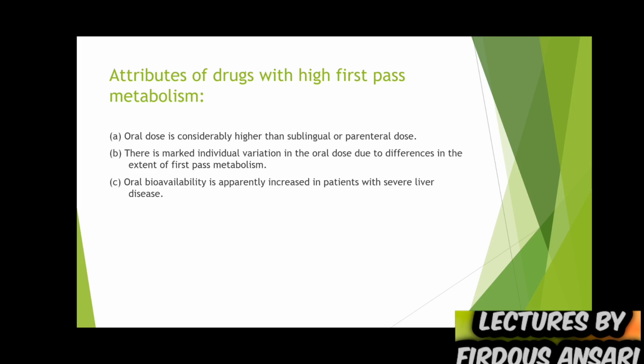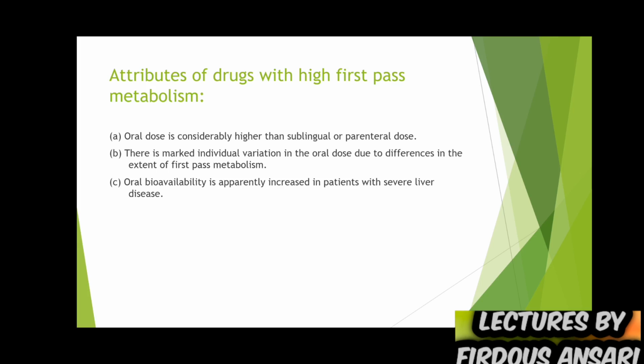Now that person is suffering from some kind of liver disease, because of which the liver is not functioning properly. That implies the liver is not able to metabolize the drug properly, and if that individual again takes 150 molecules, then instead of 50 molecules, the liver is now metabolizing just 10 molecules, and instead of 100, 140 molecules are presented at the site of action, and because of this it may lead to a toxic effect of that drug.